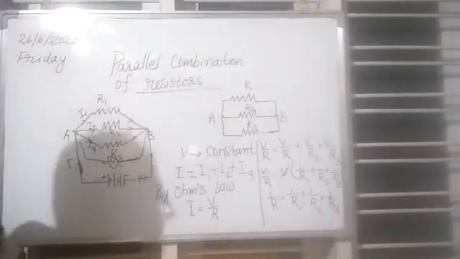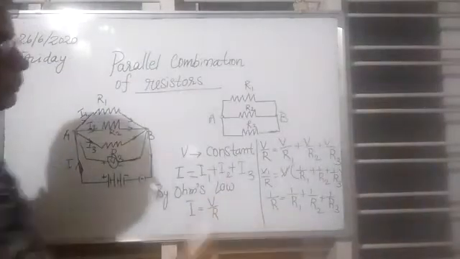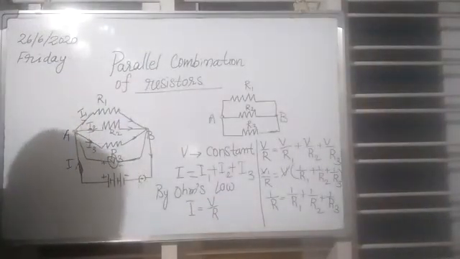So effective resistance in this case, 1 by R means reciprocal of effective resistance.